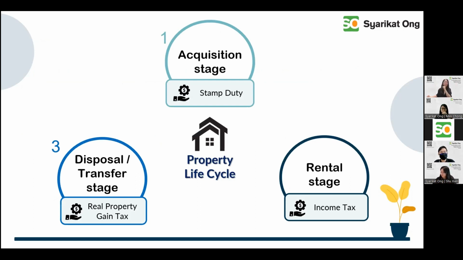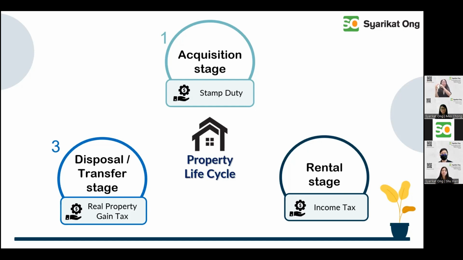But for the time being, property is taxed in 3 stages. When the property is being acquired, as a buyer, you already pay a tax called stamp duty. That is a transactional tax. Whatever the consideration that you are buying the property for, that itself is an application of a tax percentage already. So stamp duty is a tax.